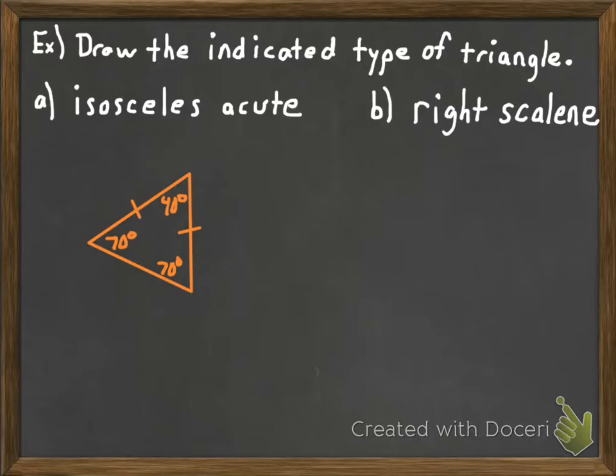acute triangle. All right, then for a right scalene triangle, obviously, you've got to go ahead and draw a right triangle, make sure it has a right angle. And then for the scalene portion, you need to make sure that none of the sides are the same length. That could be something like this. Again, sometimes it's hard to make something look exactly the way you want it to.